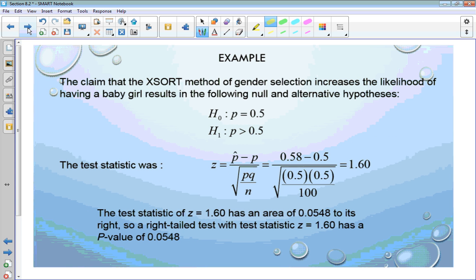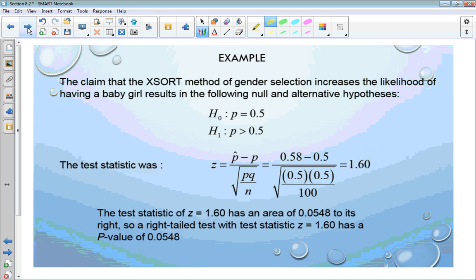So here's an example. We go back to the same example about the XSORT method. We calculated our Z and found it to be 1.68.